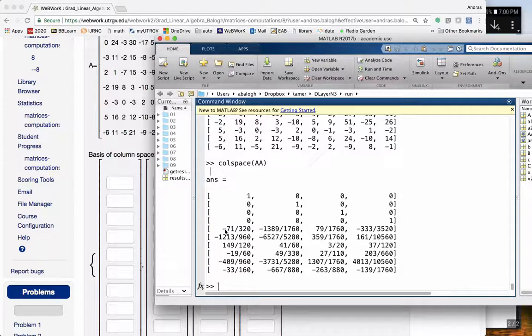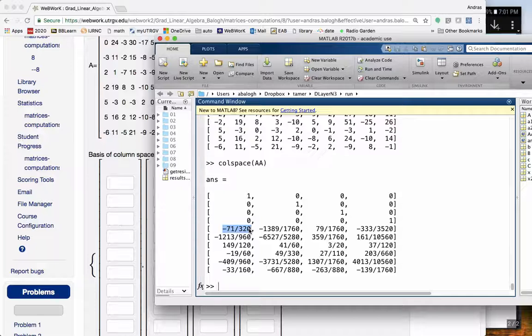What's not convenient is that you have a bunch of fractions here, and that's coming from symbolic calculations. But this is actually not the column space basis that we calculated before. This is just one possible basis. We already learned that we can have different bases in a vector space.